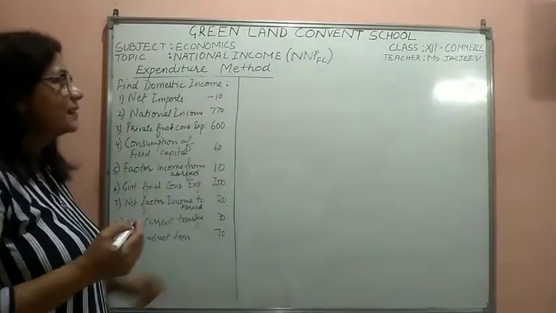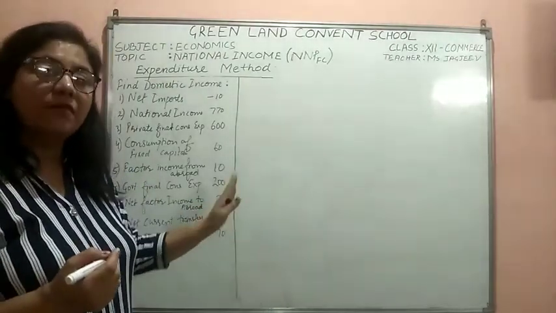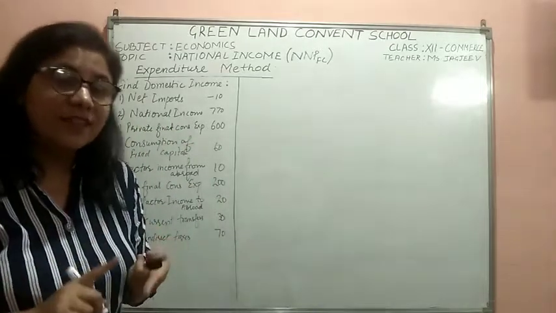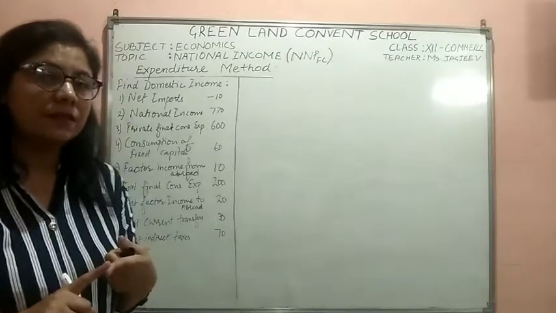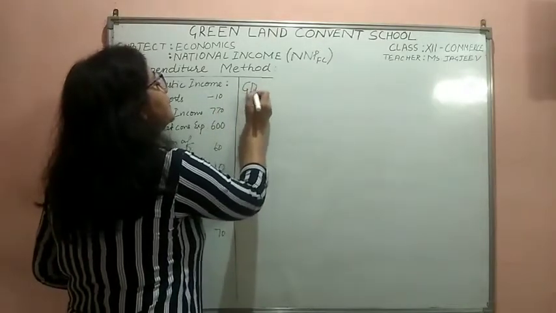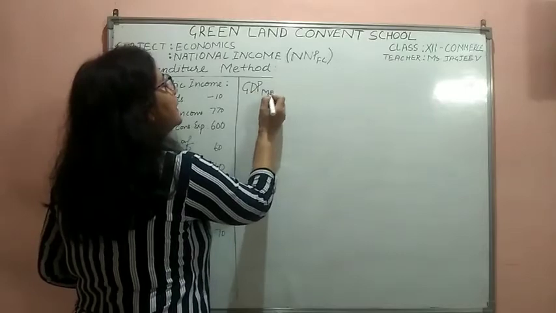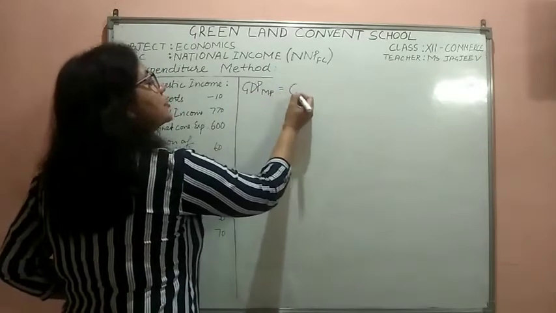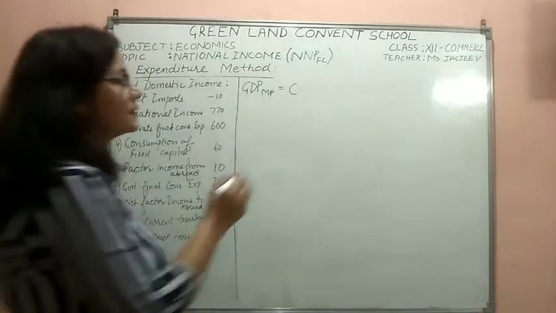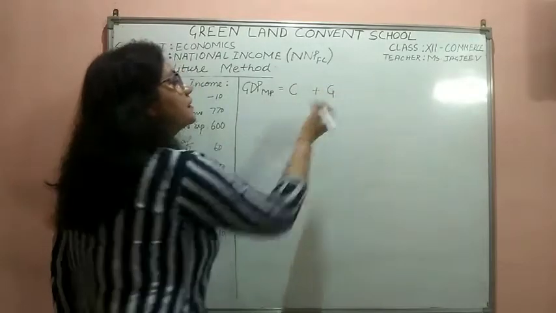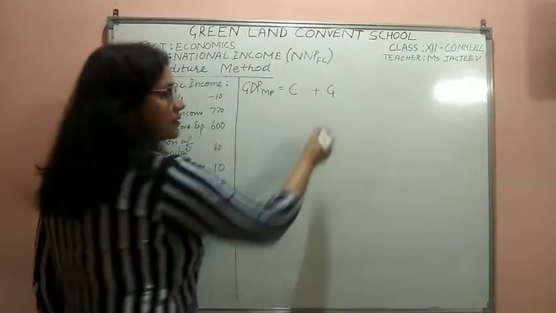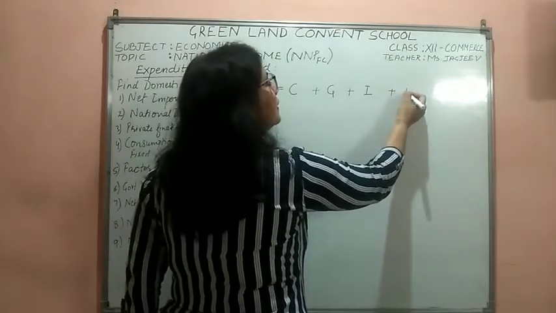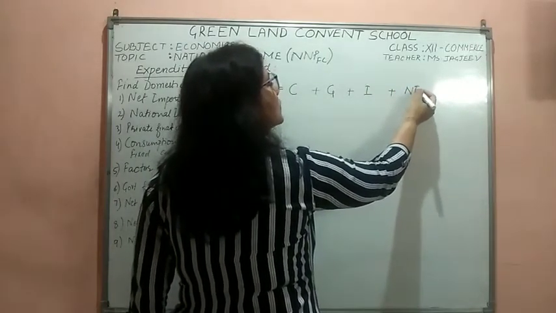Hello students, now we would be solving one numerical question of the expenditure method. With the expenditure method, what are we going to get? GDP at MP, by adding private consumption expenditure plus government final consumption expenditure plus investment plus net exports.